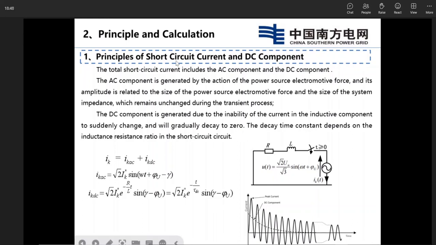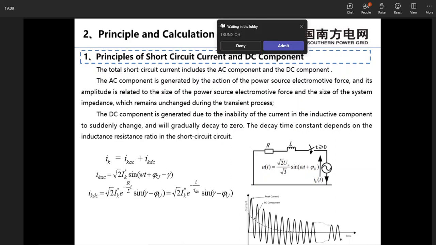The total short circuit current includes the AC component and DC component. The AC component is generated by the action of the power source, and its amplitude is related to the size of the power source and the size of the system impedance, which remains unchanged during the transient process.